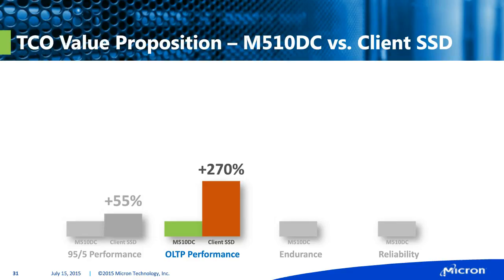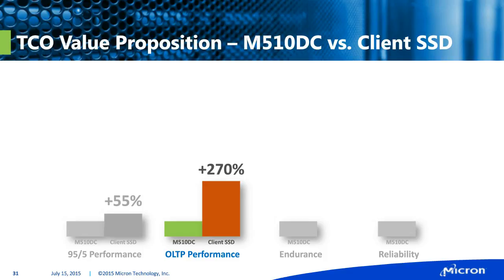This is pretty much based on the IOPS performance of the M510 DC versus a typical client drive. A lot of these numbers, certainly on the 95.5 and the OLTP performance, are really based on IOPS, and you're asking, how do you do it?